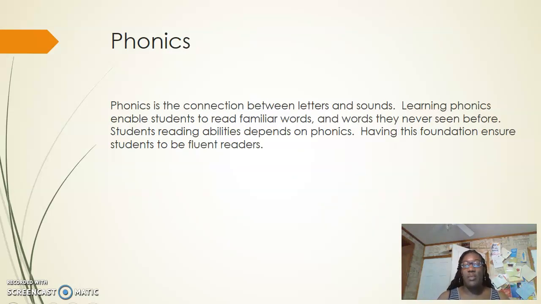Phonics is the connection between letters and sounds. Learning phonics enables students to read familiar words and words they've never seen before. So as I'm reading these parts in the presentation, we can kind of tell how all of these things overlap. It is very important to have phonics because it is the association between the letters and sounds.